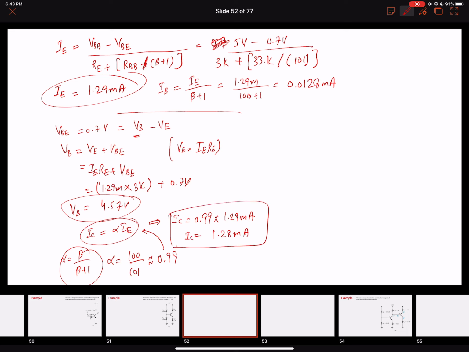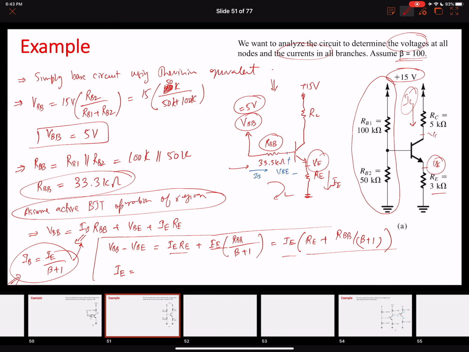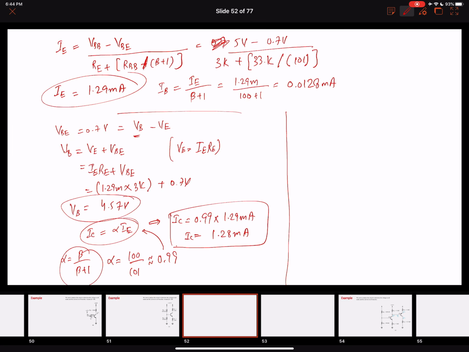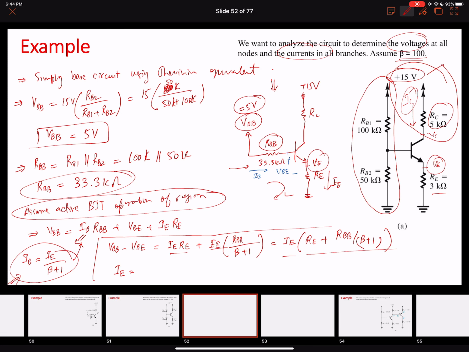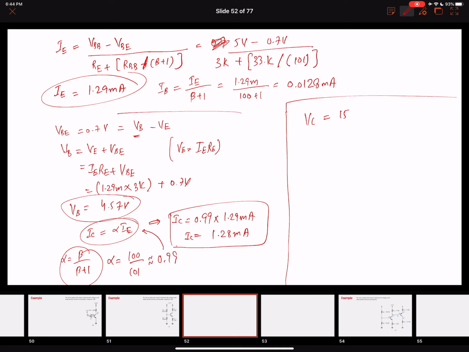Now we know the value of the collector current, so we can easily solve this circuit using Kirchhoff's law. The value of VC will be 15 minus ICRC, right? VC equals the biasing voltage, 15 volts, minus ICRC.